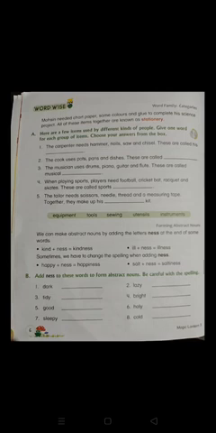The names of feelings and qualities that we can describe but cannot see or touch are called abstract nouns. Okay? Feelings are abstract nouns. First is dark.